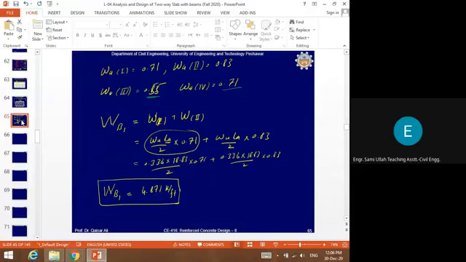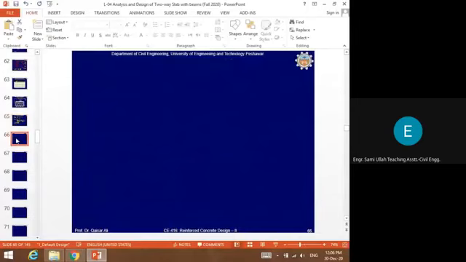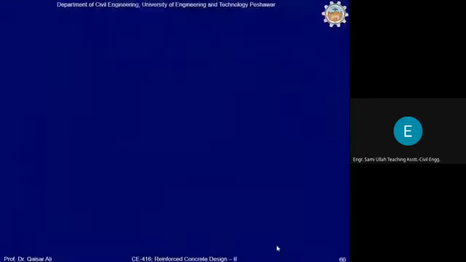So from these coefficients, we can also calculate the coefficient along the longer direction. These are very simple. WA for panel 1 is equal to 0.71. WA for panel 2 is equal to 0.83.